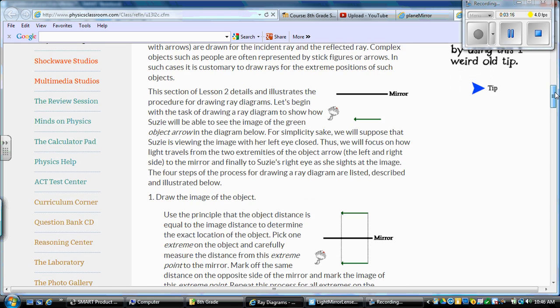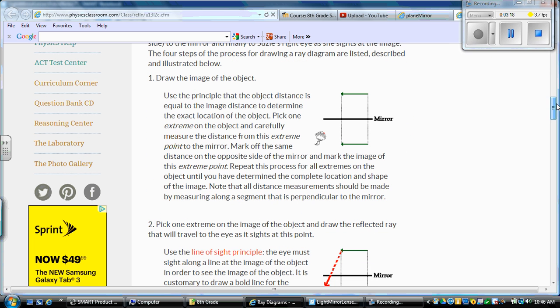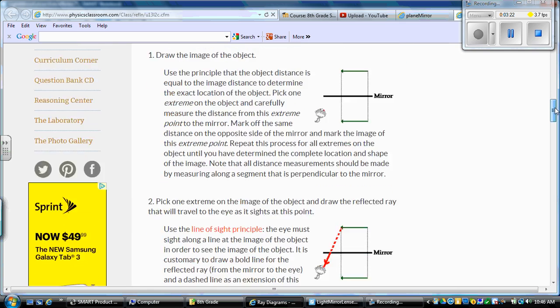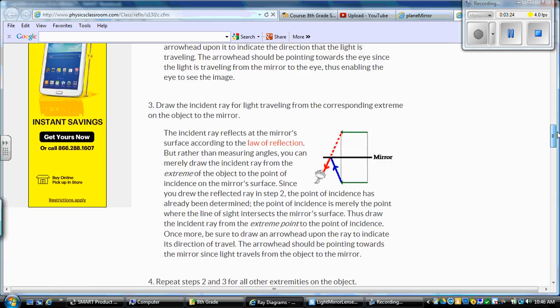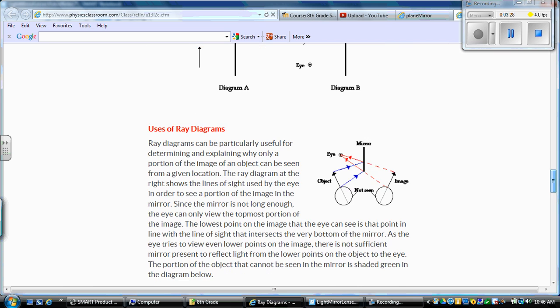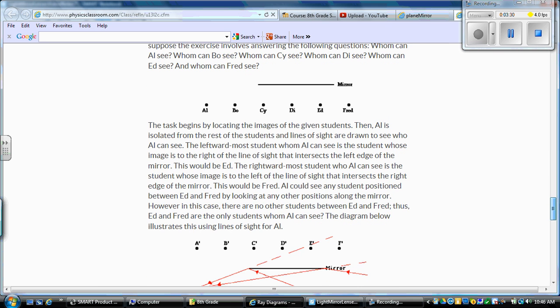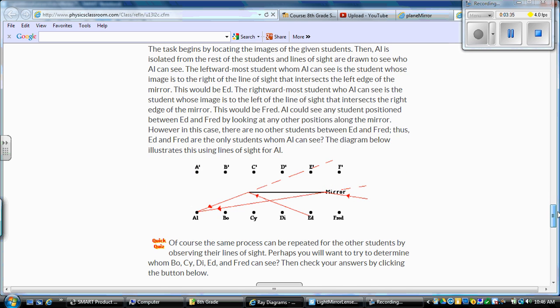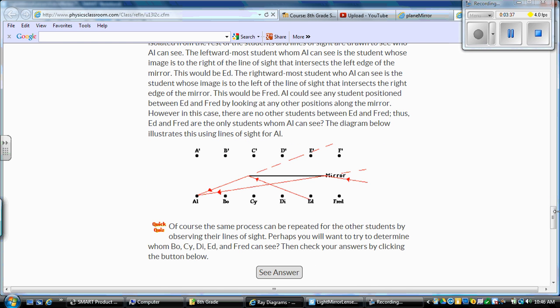Okay, what I really want you to do is start looking at how the image of an object works on a plane mirror. Specifically, when you get down to the bottom here, it's going to give you some practice on what image you will see reflecting off a mirror. So if you take a look at this bottom example, you've got light reflecting rays that are bouncing off the mirror. And remember, the only people who can see the image are those where the reflecting rays hit the eye.